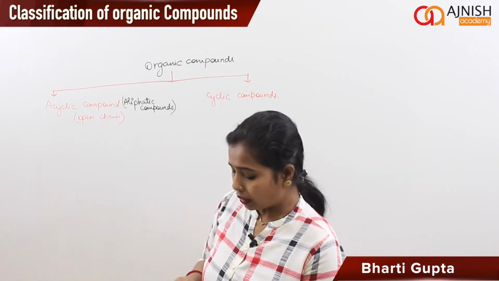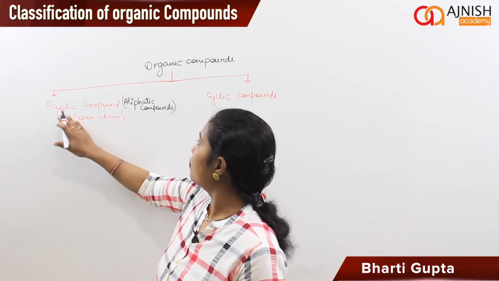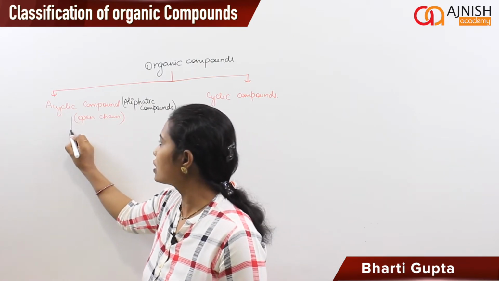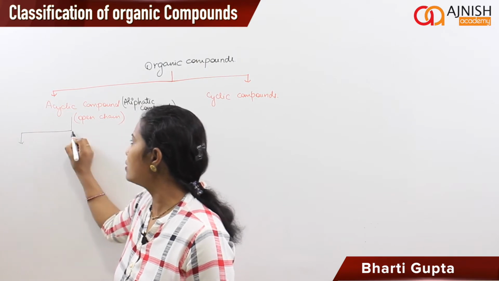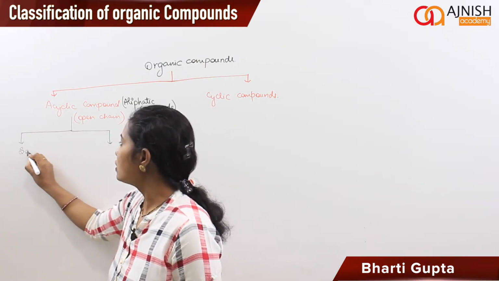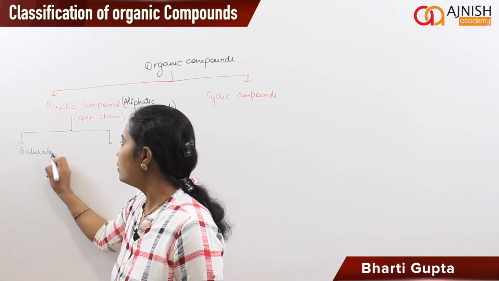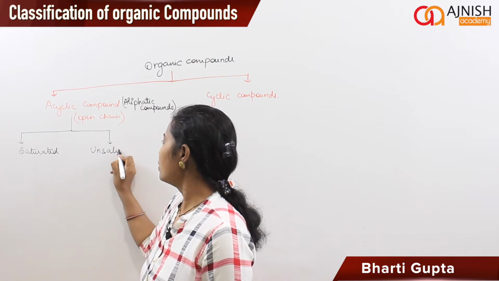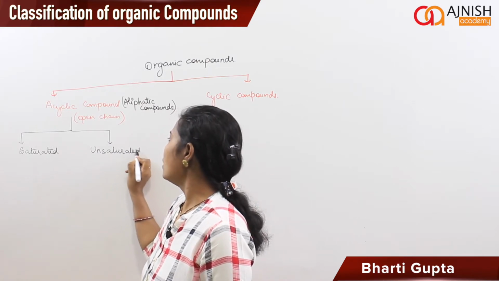Now, further moving, this acyclic or aliphatic compound is further classified into two broad categories. What are they? One is saturated and the other is unsaturated.